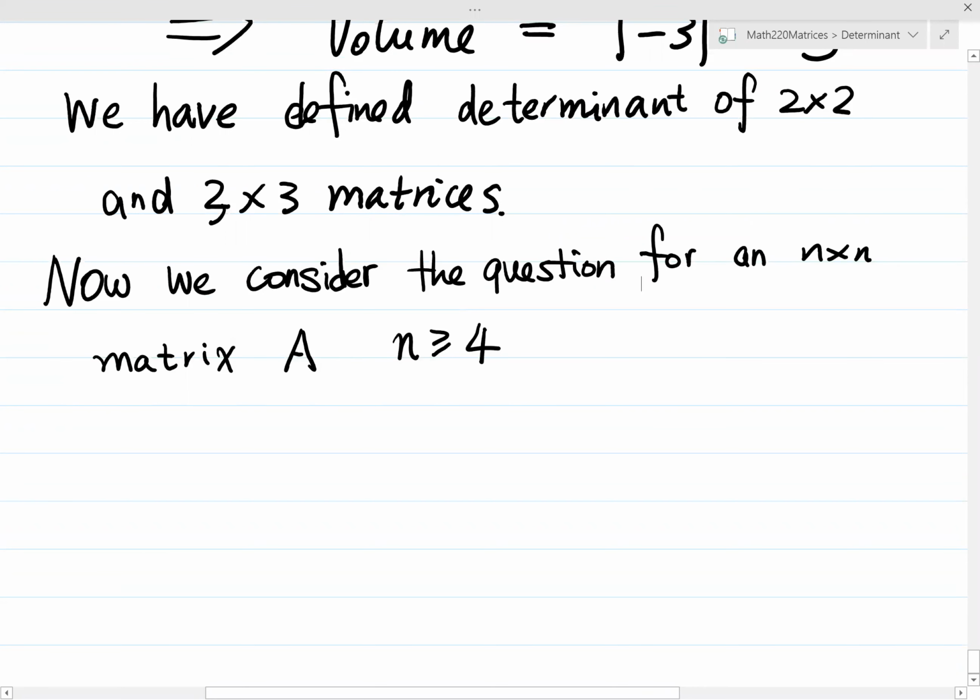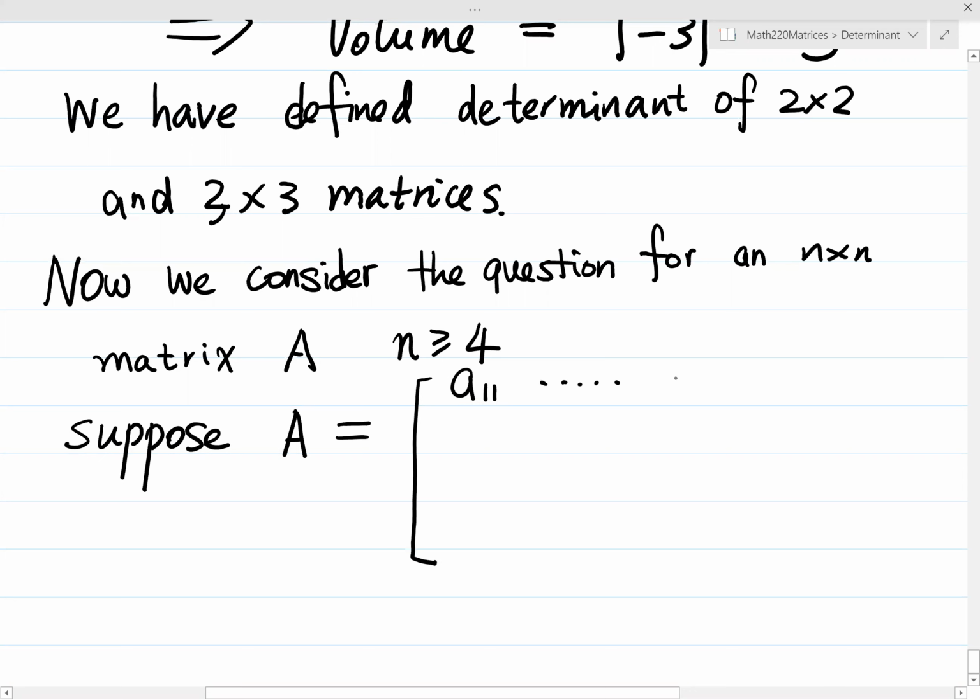Now we mimic how we transformed the 3 by 3 determinant to the 2 by 2 determinant. Suppose A is written explicitly by its entries: A11 up to A1n, so it's n by n, down to An1 up to Ann.